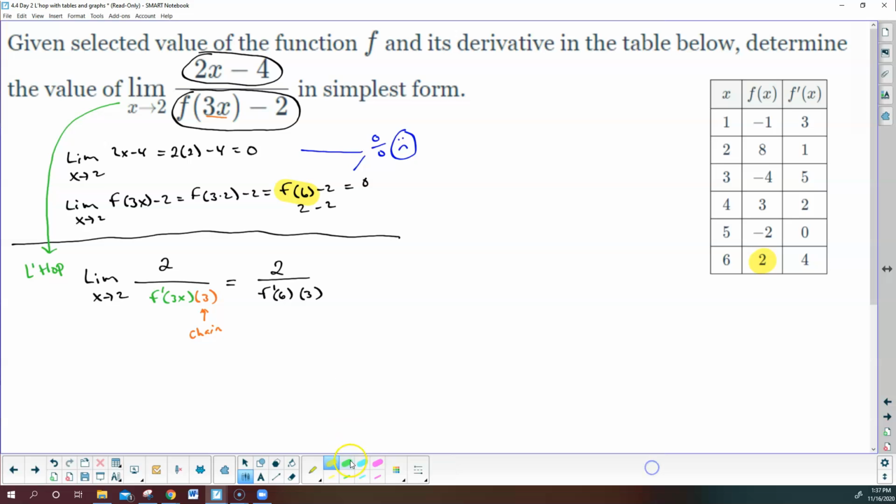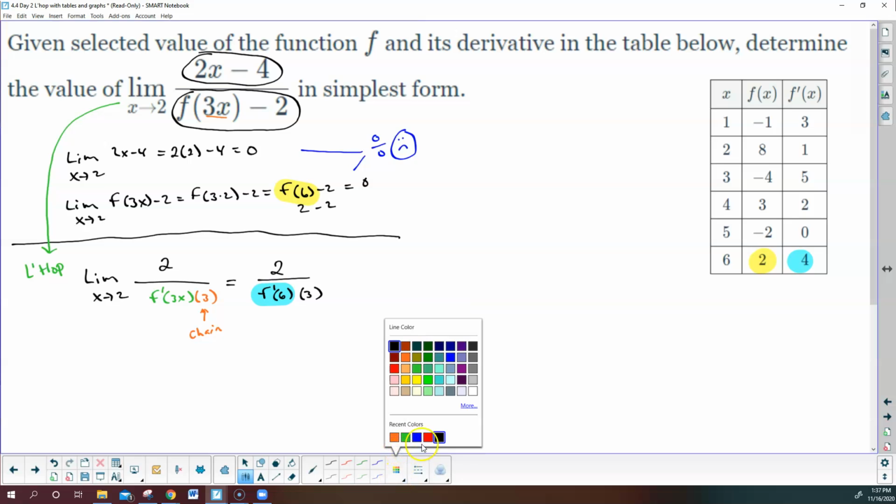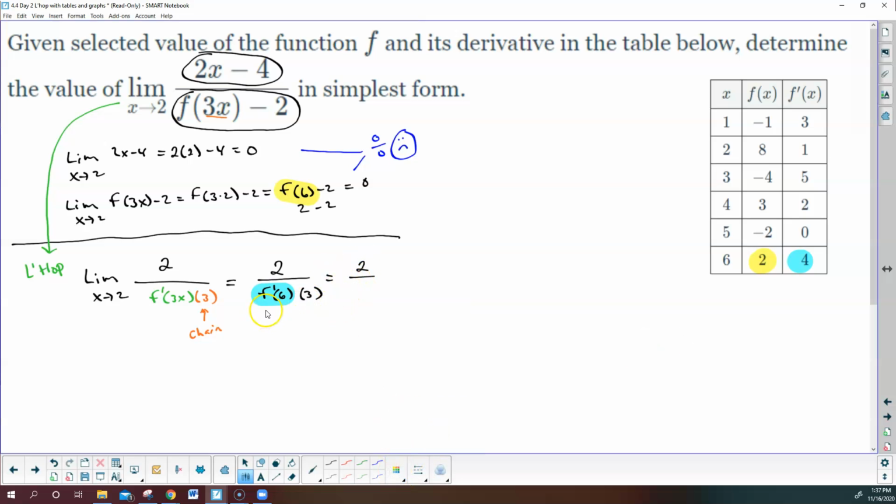So then the question is, what is f prime at 6? Well, there's my table. F prime at 6 is 4. So if this part turns into 4, we get 2/12 or 1/6.